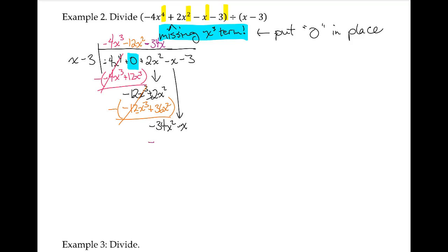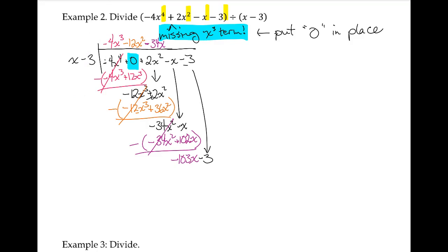That leaves me with negative 34x squared. But then adding 102 x's. But again, I'm subtracting all of this to make that first term go away. So I'm really subtracting 102 from 1. So it's negative 103x. And I bring down this negative 3.